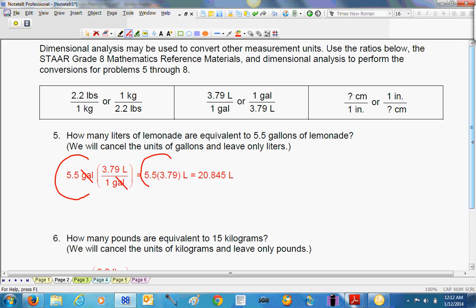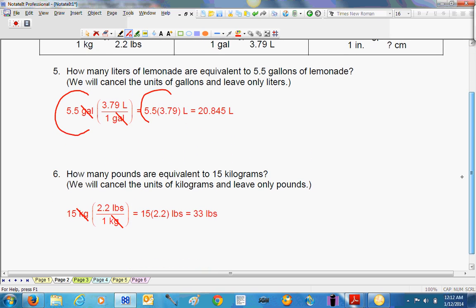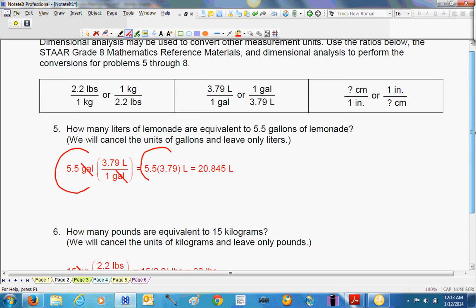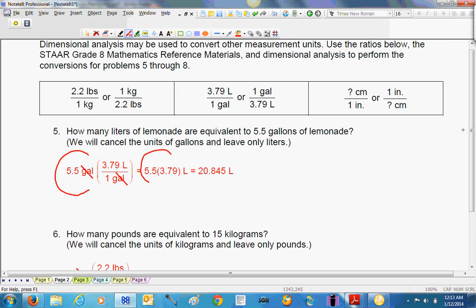Pretty straightforward. Okay, 6. How many pounds are equivalent to 15 kilograms? So here again, we're going to cancel the kilogram. If we look at our chart back at the top, we'll see that it's 2.2 pounds to 1 kilogram. And here's the other ratio, 1 kilogram to 2.2 pounds.